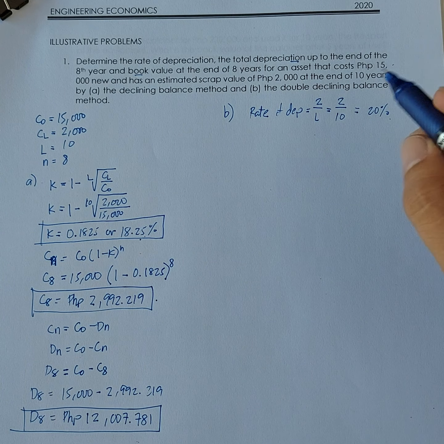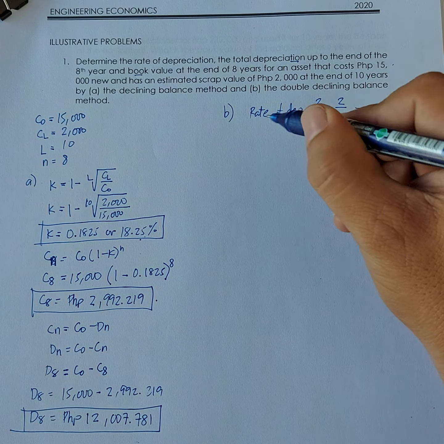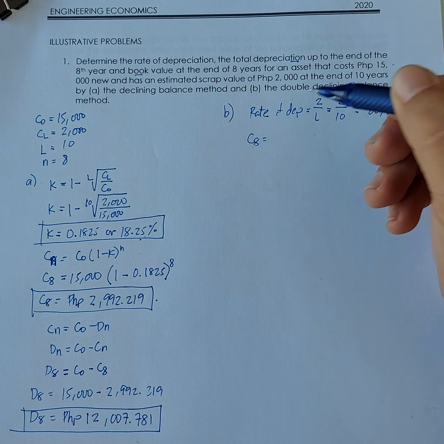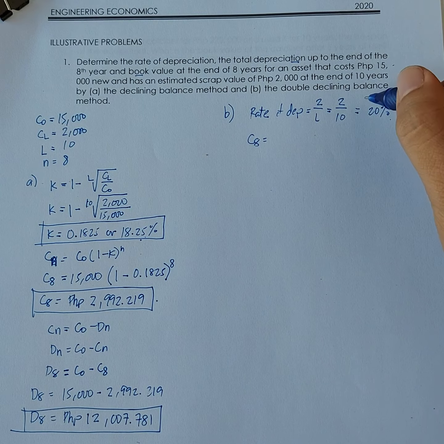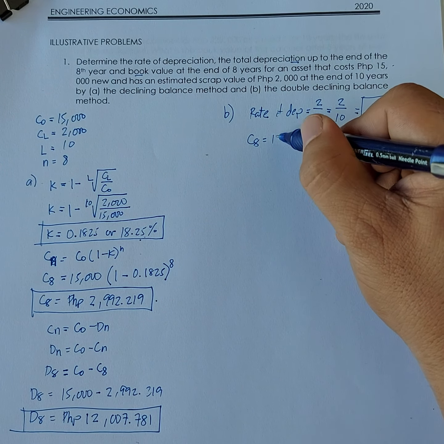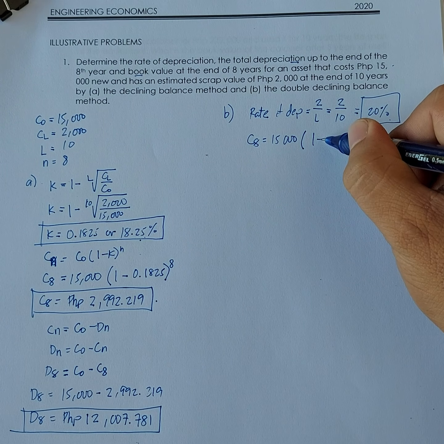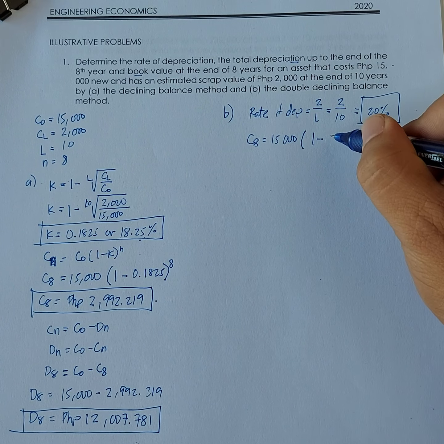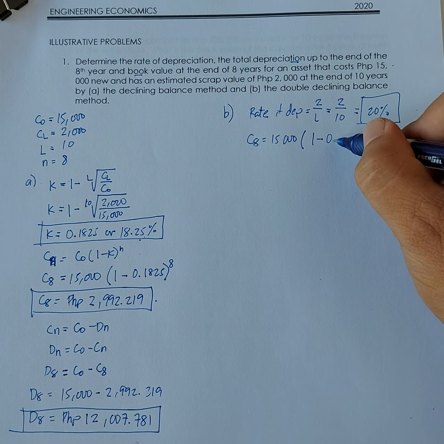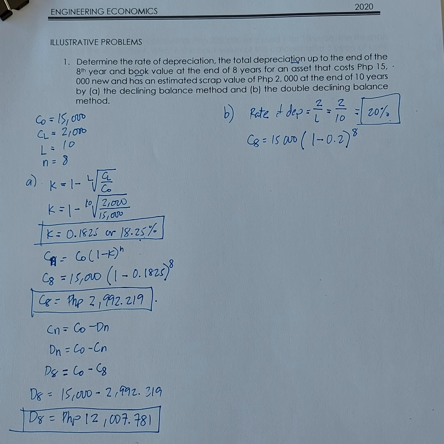So we solve for the book value on the 8th year. That's equivalent to 15,000 times 1 minus K, which is 0.2, or 20% in decimal form, raised to N, which is 8 in this case.